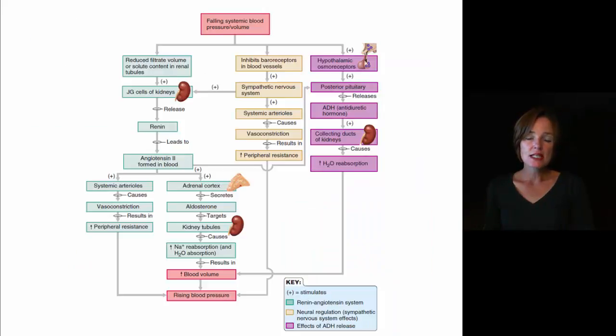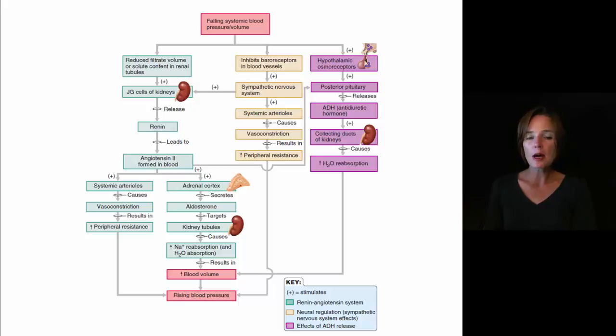When we do discuss maintaining the water balance, blood pressure is an important component of this. When our blood pressure begins to decrease, this is going to be sensed by a number of different receptors in our body, and there will be a number of different reactions that take place so that we do raise the blood pressure back up. The kidneys are going to play a key role in this, and it is a very complicated system, as you can see on this slide right here.